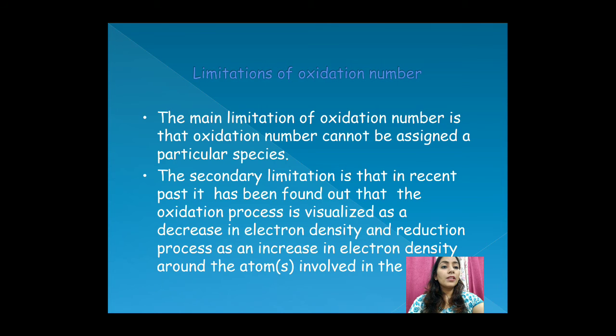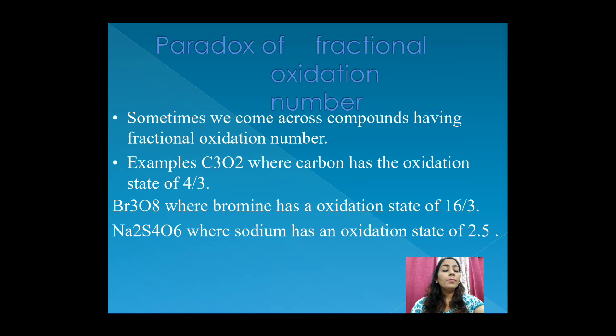The secondary limitation is that in recent times, the oxidation process is visualized as a decrease in electron density and the reduction process as an increase in electron density around the atom involved in the reaction.